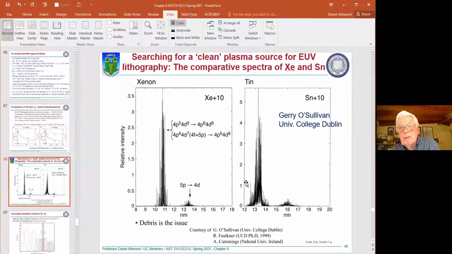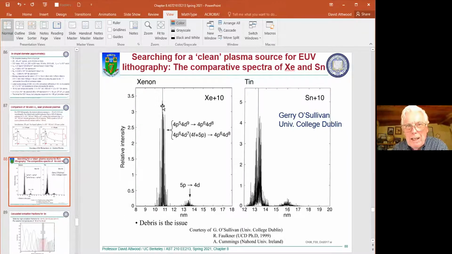This is showing the emission spectrum from tin and xenon, because xenon was looked at as a possible source. Xenon was a perfect source. It would vaporize, so you wouldn't be coating your optics like you would with tin. It's inert, okay?